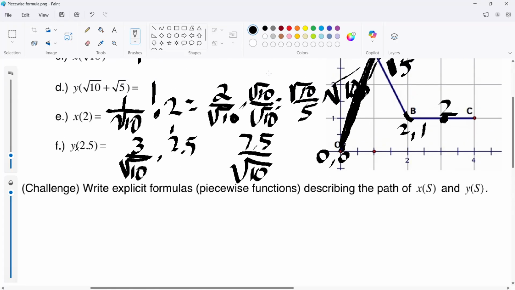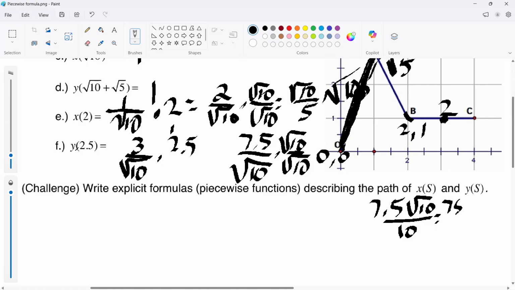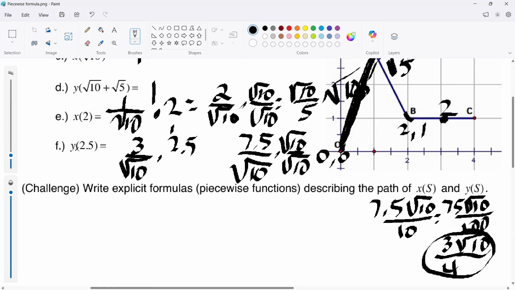I wouldn't leave the answer like that. I would put a decimal approximation, or that's 7.5 square root of 10 over 10, which equals 75 square root of 10 over 100. 25 goes into 75 3 times, 25 goes into 100 4 times. 3 square root of 10 over 4. So that would be the exact answer there.